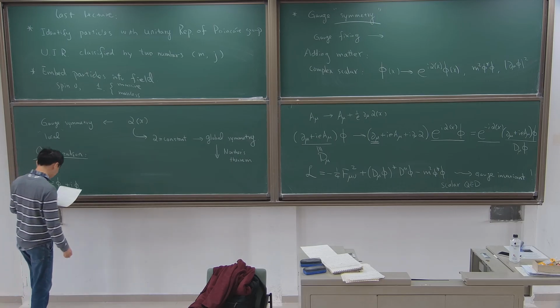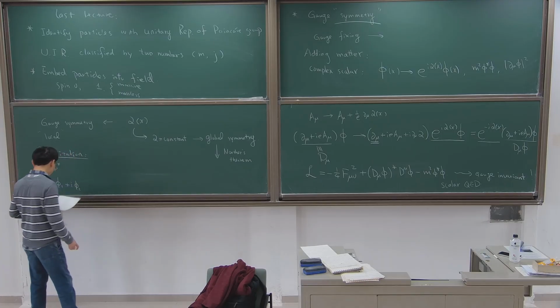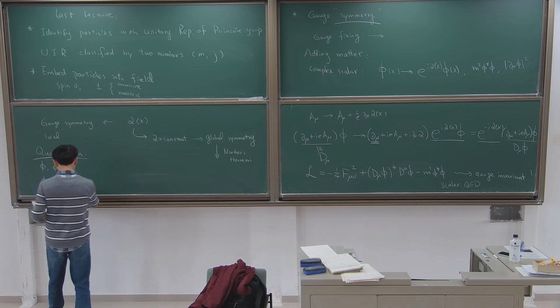If I take this viewpoint, the complex scalar is nothing but a pair of real scalars. Just be careful how to pair them. The physical content is really equivalent to real scalars, because this is the identification.